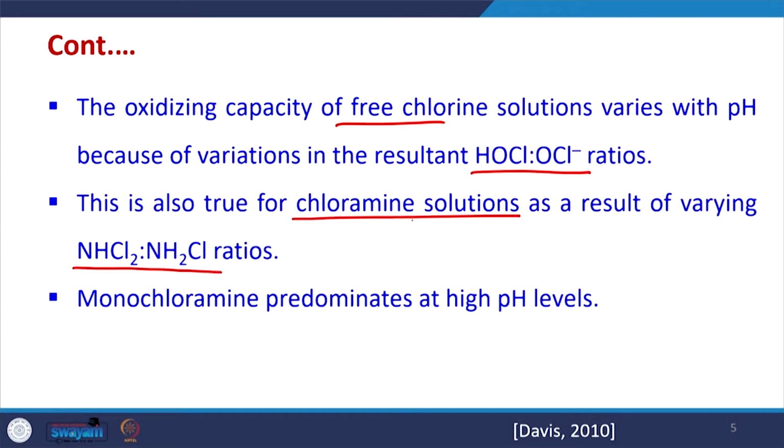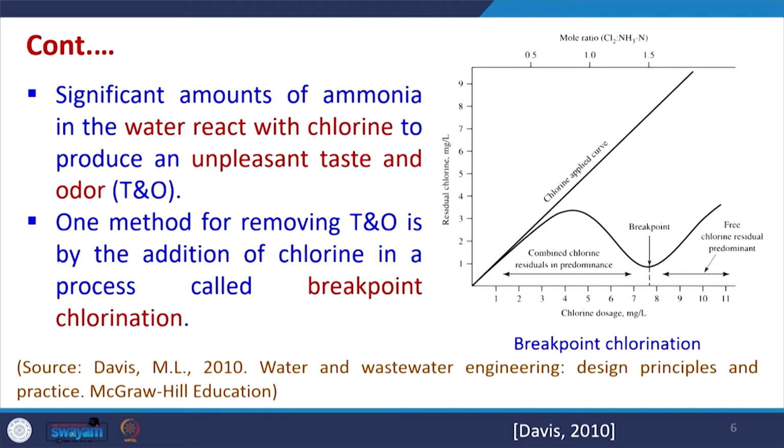In general, monochloramine predominates at higher pH levels, while dichloramine dominates at lower pH levels. Now, if a significant amount of ammonia is present in the water, it will react with the chlorine to produce an unpleasant taste or odor.